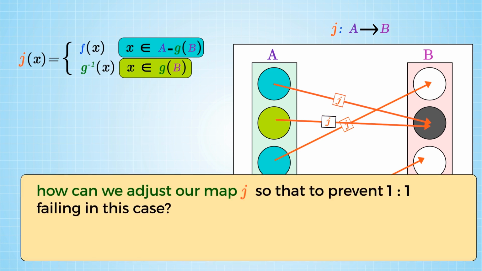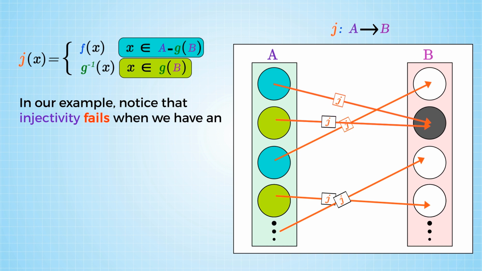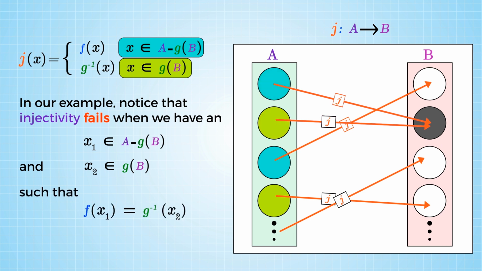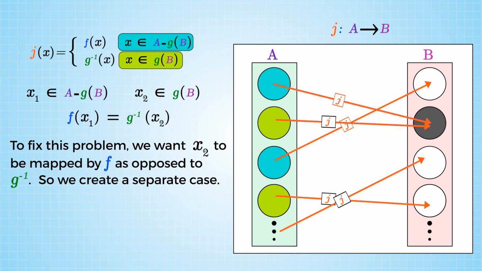So how can we adjust our map J to prevent 1-to-1 from failing in this case? Well, like in computer science, we construct a separate if-else statement to handle this edge case. In our example, notice that injectivity fails when we have an x1 in A minus G(B) and x2 in G(B), such that F(x1) equals G inverse of x2. To fix this problem, we want x2 to be mapped by F as opposed to G inverse.